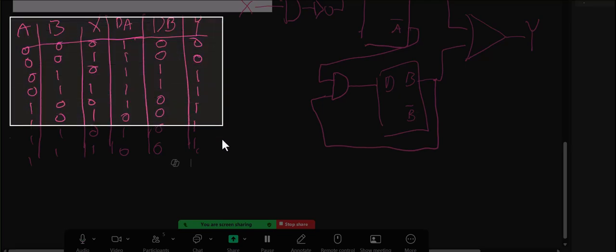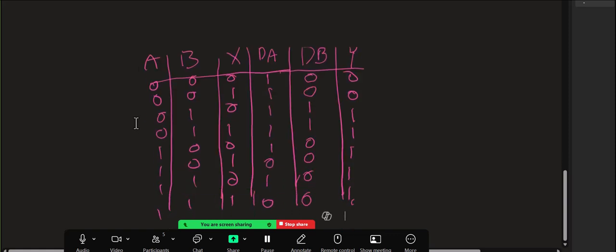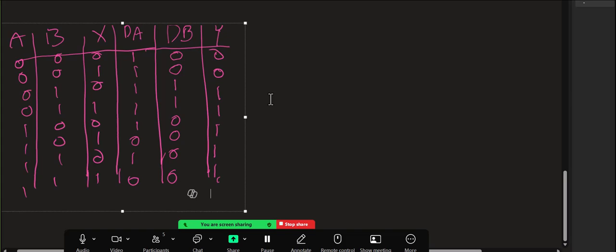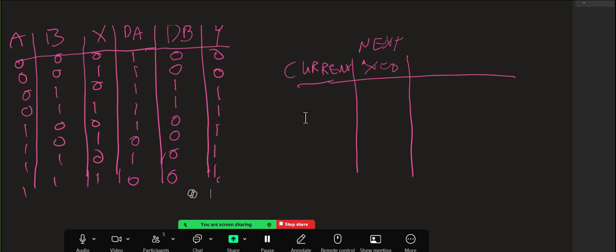So if I said there were 4 states, what do you think would be a reasonable thing to call those 4 states? All right. Oh, okay, we can do that. Next, x equals 0.